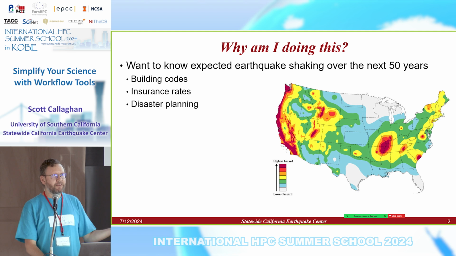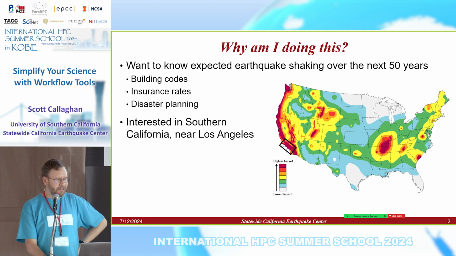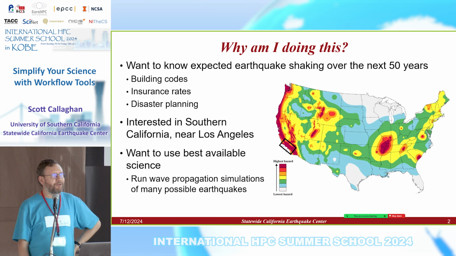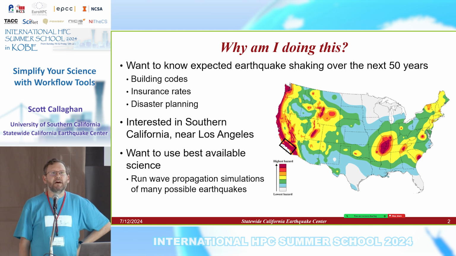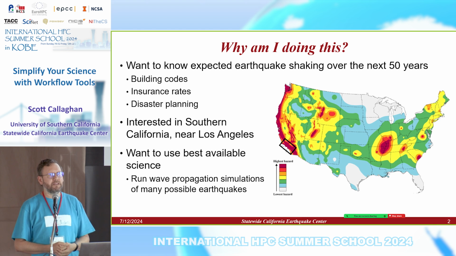So since we can't use this handy-dandy non-existent almanac, instead we take a look at all the possible earthquakes that might occur in the future, and we use the best available science approach, which is to run a wave propagation simulation for each of these 600,000 earthquakes and figure out how much shaking each of them would cause at, say, our hypothetical building in downtown Los Angeles.